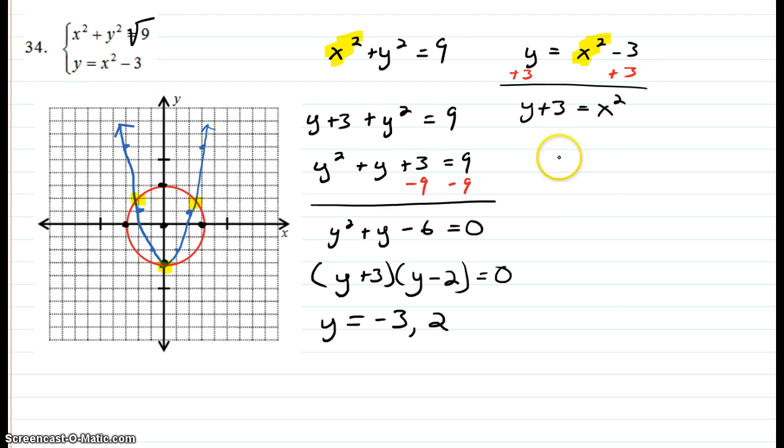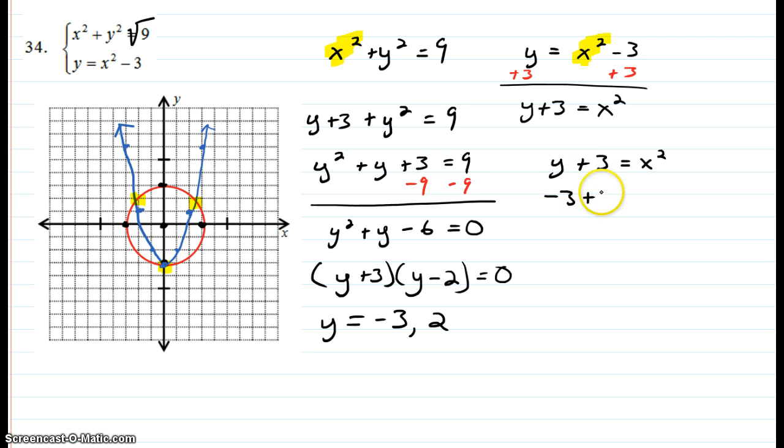So let's use our other equation. Let's start with y equals x squared. Actually, since we already solved it for x squared, we'll just use that. So we're going to use this. Y plus 3 equals x squared. And so we'll start with negative 3.